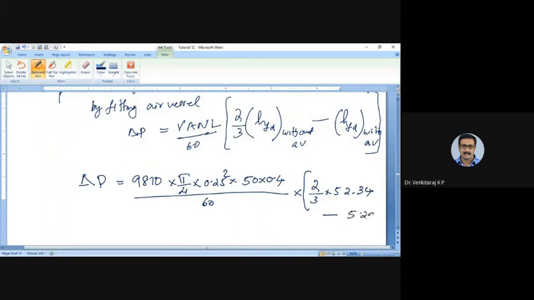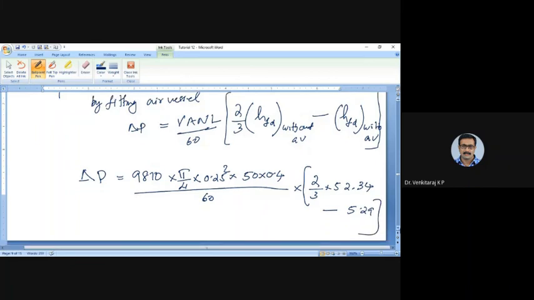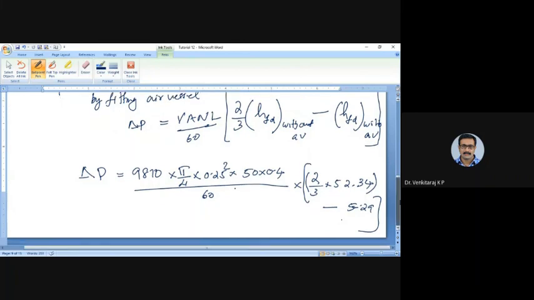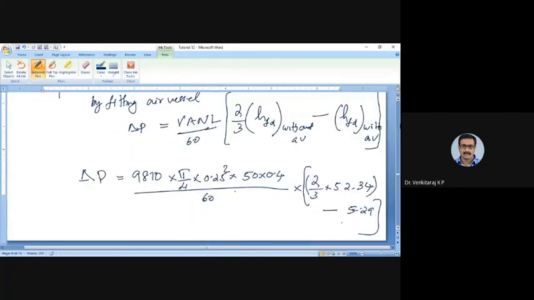So 2 by 3 into 52.34 minus 5.29. By calculating, we get the power saved delta P as equal to 1.696 kilowatt.